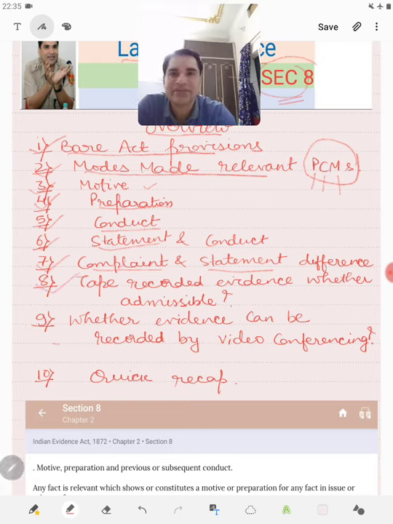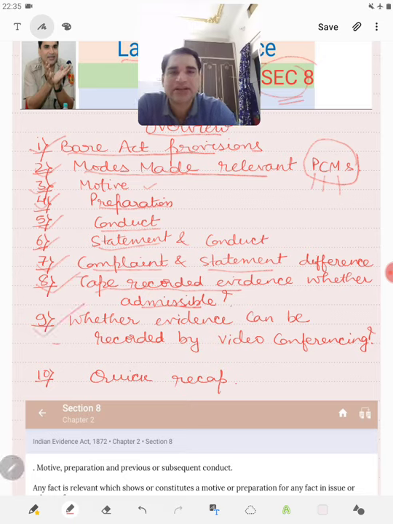Thereafter, we will see one very important question: whether tape recorded evidence is admissible in court or not. And if it is admissible, then what are the prior conditions under which it will be admissible?